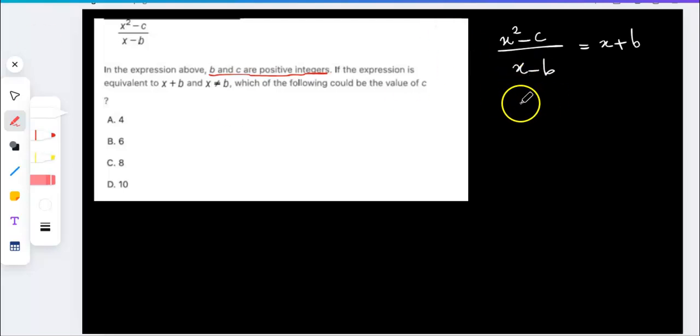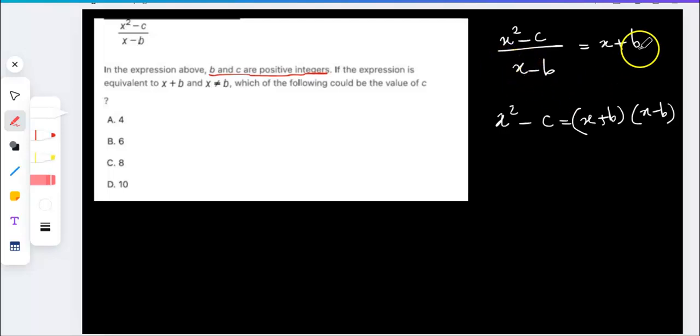Here you're supposed to find the value of c. What is a possible value of c? This is a very interesting question. I would suggest that you try it on your own first. So first you will get x square minus c is equal to x plus b times x minus b, by moving x minus b to the right hand side.